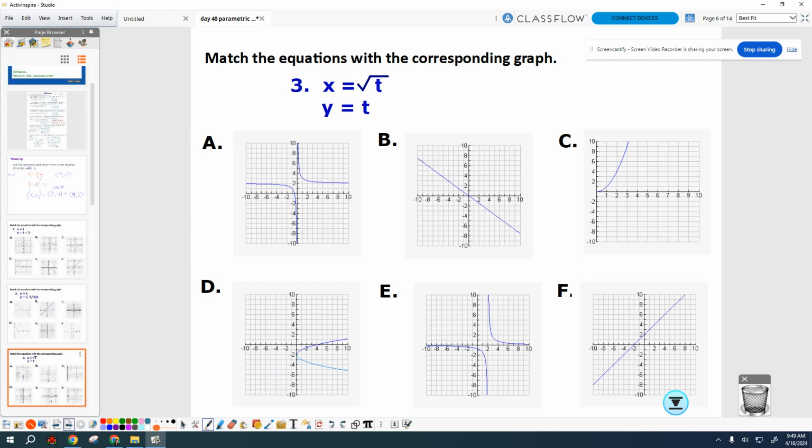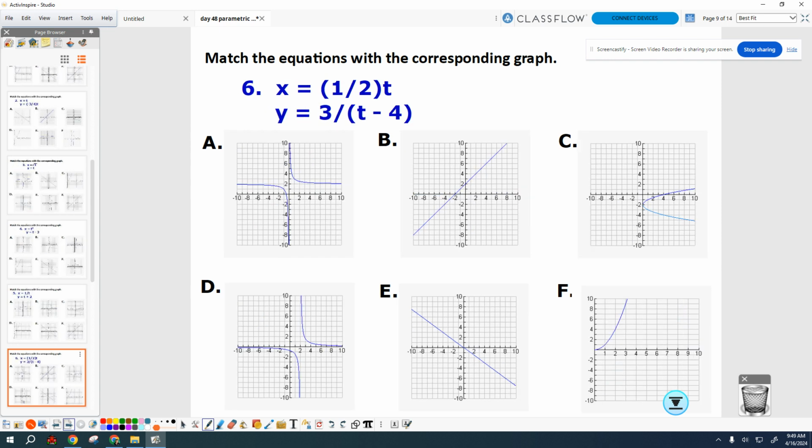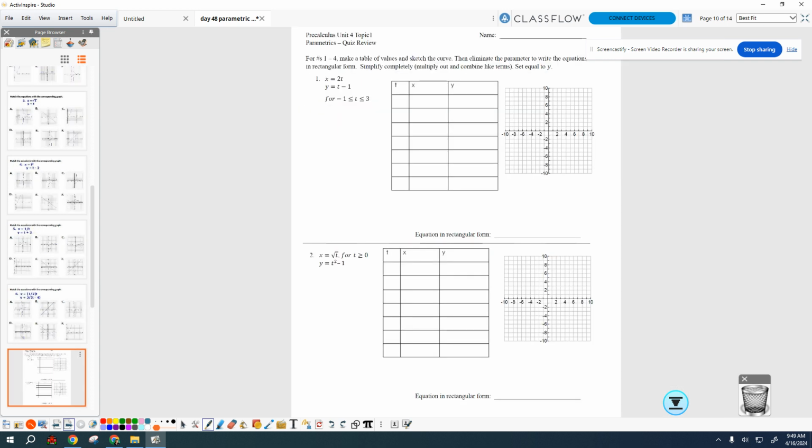Were you guys okay with these matching the graphs? We did all of them in class and then started the homework. Mara, good with eliminating parameters? You have 3 times x over 2 minus 1. Okay.